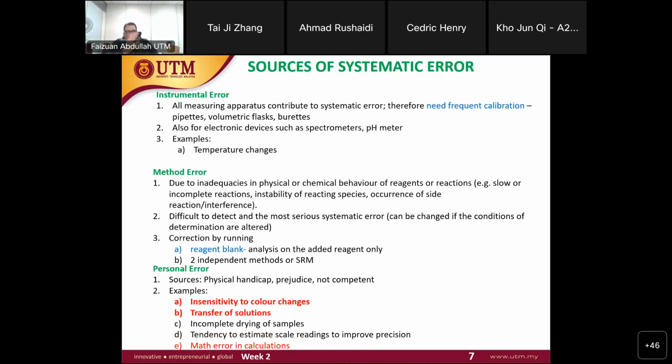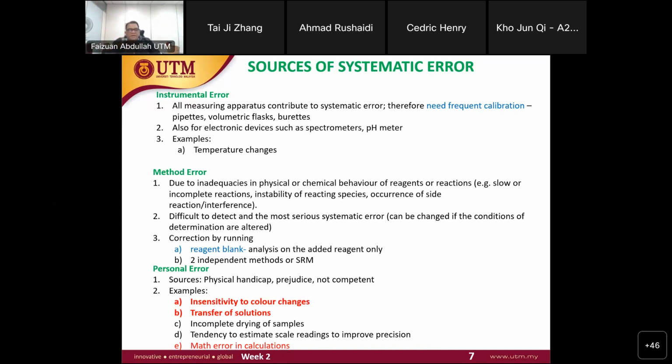Instrument error, we know, is a systematic error. What about method error? Method error is also included in systematic error. It is difficult to detect and is the most serious systematic error. If you analyze with a wrong method, then it is a very serious systematic error.